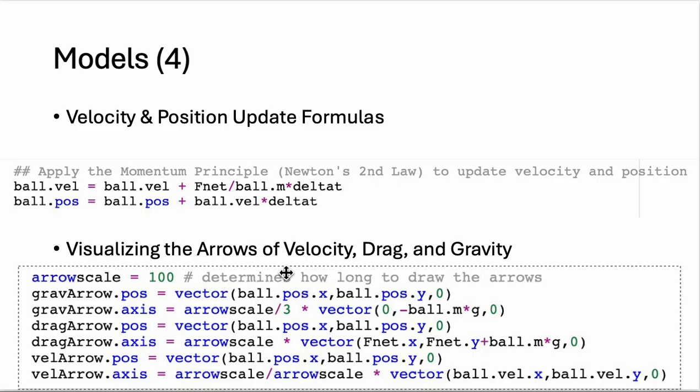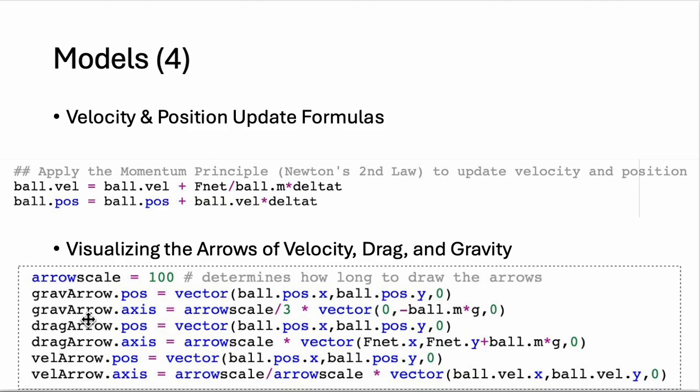We also needed to visualize the vectors of velocity, drag and gravity, which I did here. I used a scale of 100 and divided some of them by different numbers so that all the arrows would be visible to you.